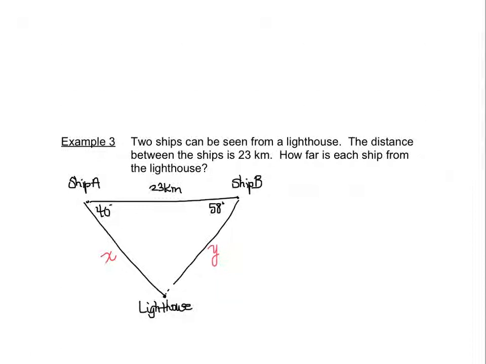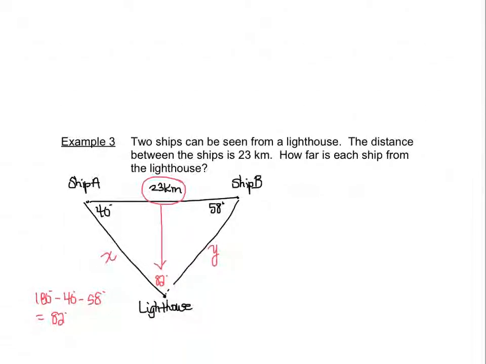Now, this is another case where if I'm solving for side X or side Y, I will need to use the given side and its corresponding angle in the sine law. So once again, I need to find the measure of that third angle. So 180 minus 40 minus 58 tells me that the third angle in this triangle is 82 degrees.